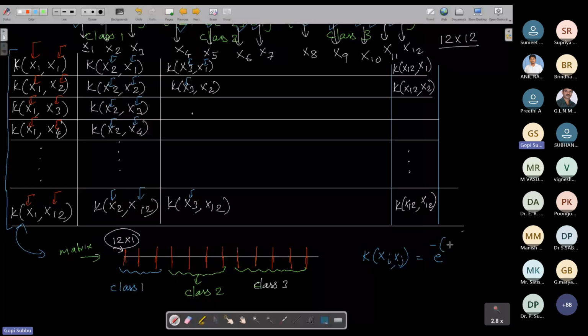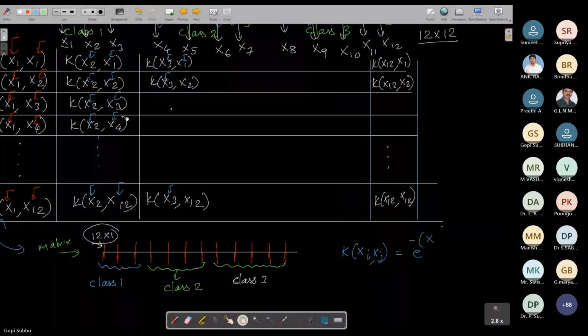K(xi, xj) is given as xi minus xj transpose, these are vectors, and then xi minus xj, whole divided by s square. This s square is basically the tuning parameter, the hyperparameter, which is in your control for getting better performance. So this is how the kernel function is defined.